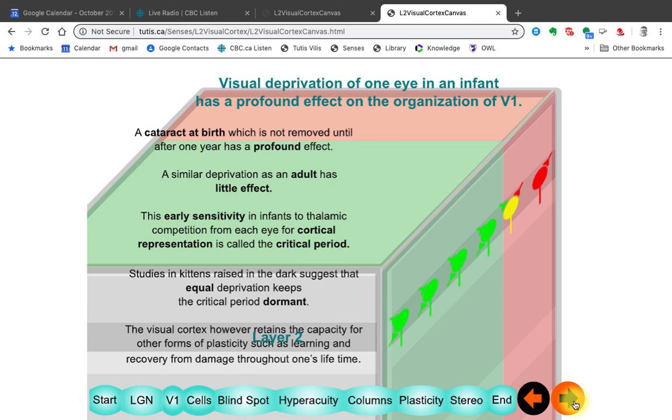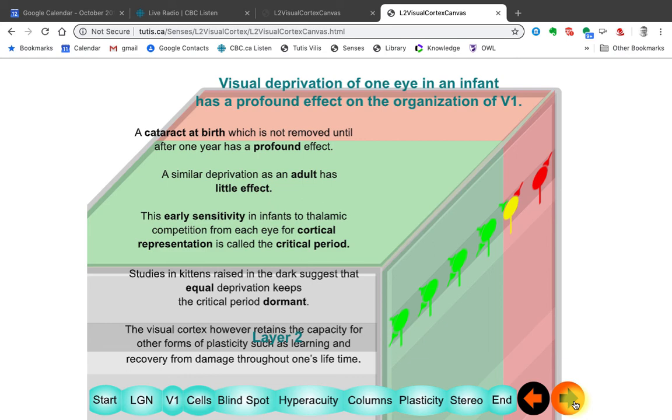Now it's been seen that you need stimuli to produce these changes. So light has to enter the eye, and light has to activate these neurons.